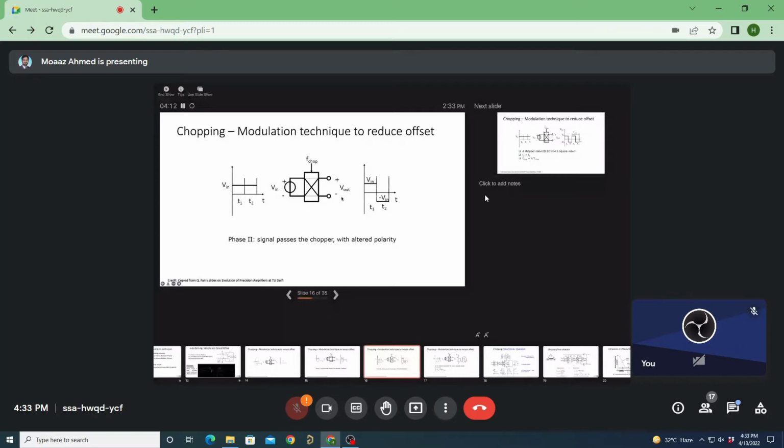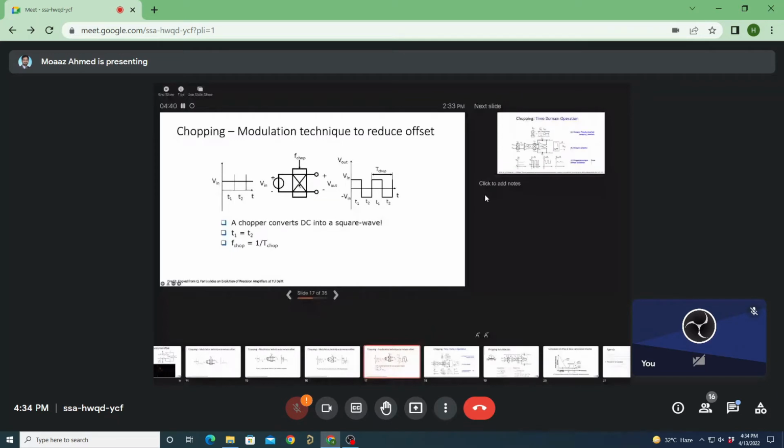So together, we have converted a DC into a square wave signal. The frequency of that square wave is the frequency of the chopper. How often we change the polarity of the switches determines the frequency of this output wave.